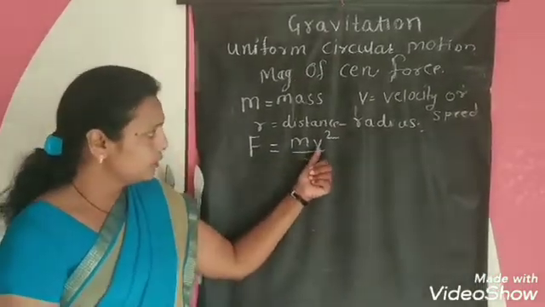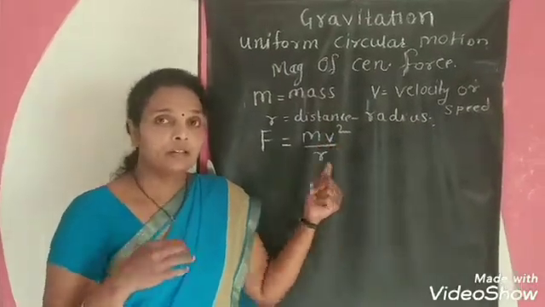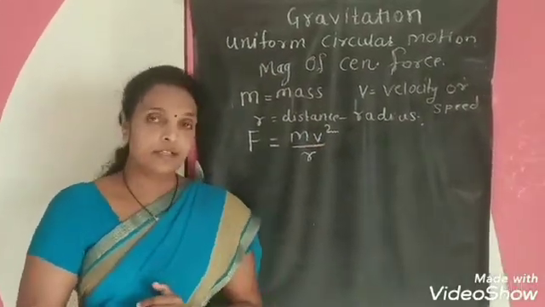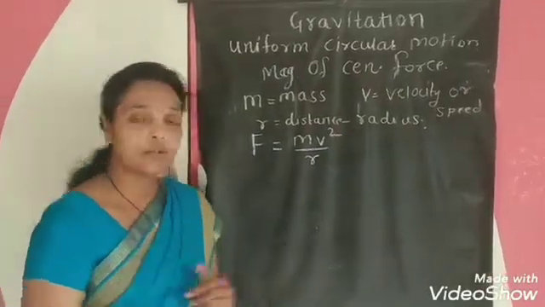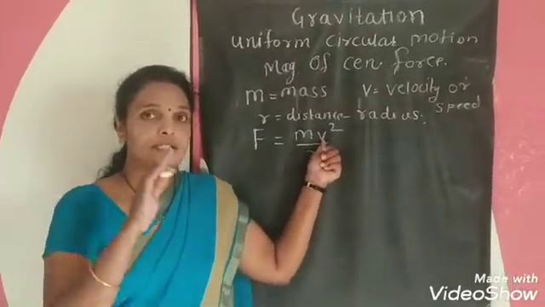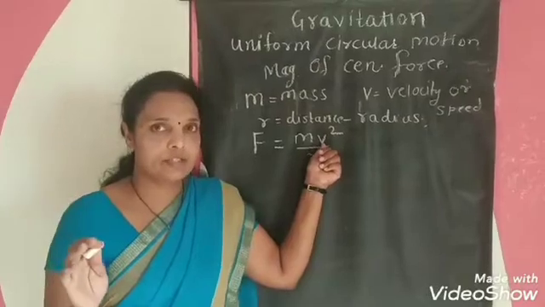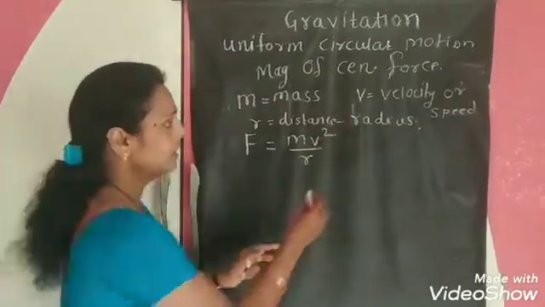But all of you know, v means speed. When we have to calculate the speed, how will we calculate? Speed is the distance traveled by any object in a given time, means distance upon time.